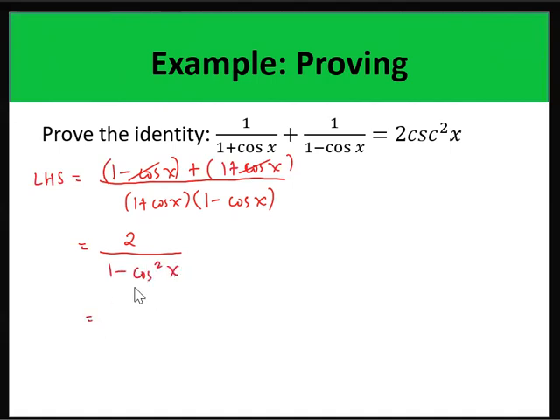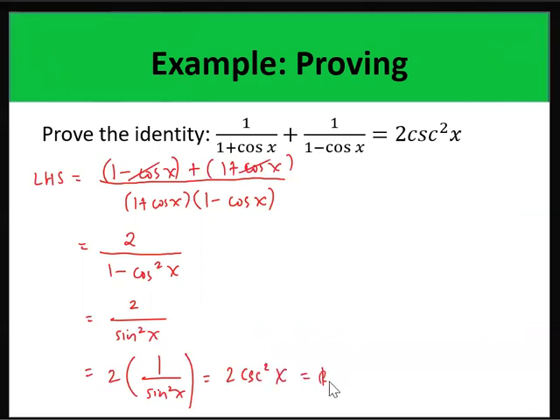And 1 minus cosine square x can be replaced by sine square x by using the Pythagorean identities. Then this can be written as 2 times 1 over sine square x. And we know that 1 over sine square x is cosecant square x, which is the right-hand side of our equation. So this proves our identity.